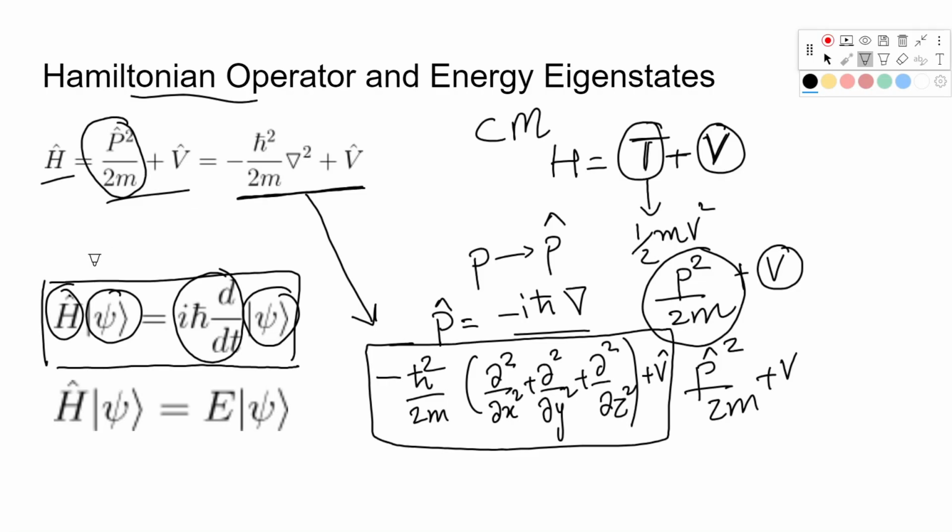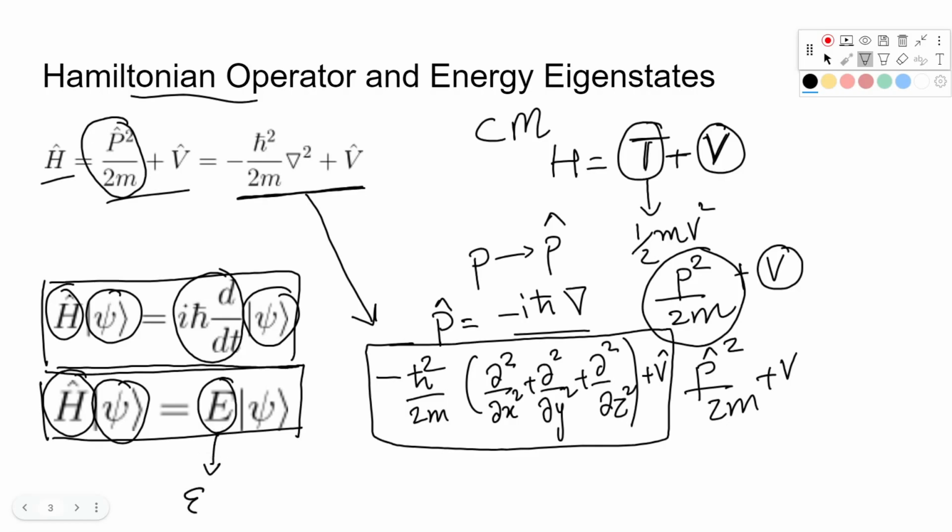So a lot of quantum mechanics is about solving the Schrödinger equation for various Hamiltonians or for various physical situations. If the Hamiltonian does not explicitly depend on time, then we get this equation. So Hamiltonian operator, this is the eigenvector or eigenstate. Here we have energy. So this is the eigenvalue and this is the eigenvector or eigenstate.